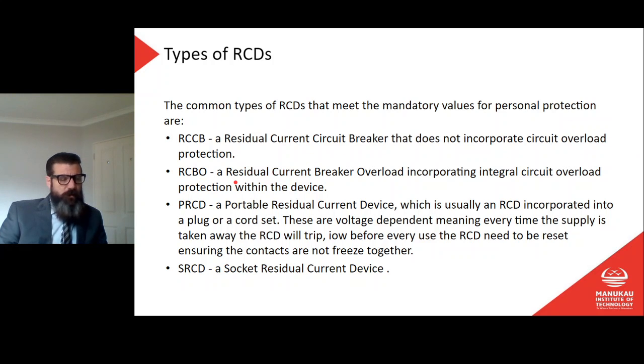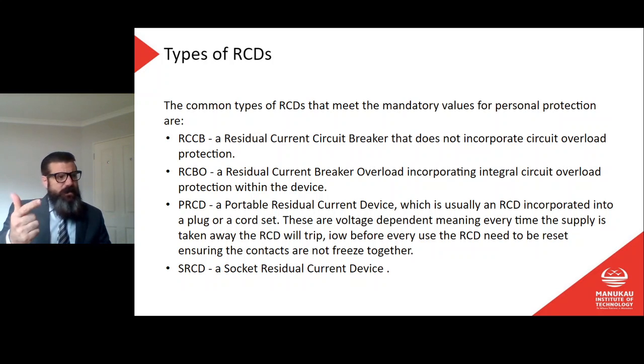An RCBO, we've talked about these before, a residual current breaker with overload, incorporating integral circuit overload protection within the device. What does that mean? It means it's an RCD and it's a circuit breaker. They go together. These are quite useful in very small installations where you only have a single breaker. Garages, quite often relocatable installations, your camper van or something, you only have one circuit breaker.